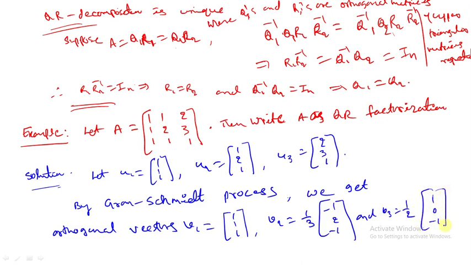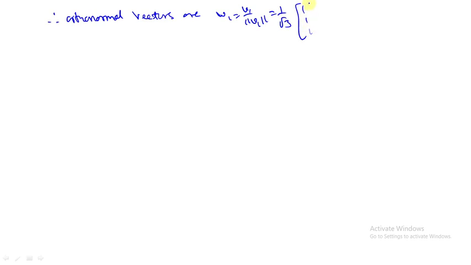Therefore the orthonormal vectors: W1 equal to V1 by norm V1 equal to 1 by root 3 into (1,1,1).